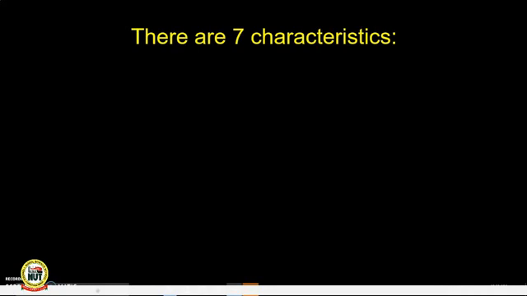If you have 6 out of 7, that thing cannot be regarded as a living thing. If you have 3 out of 7, that thing cannot be referred to as a living thing. You must have 7 out of 7 for that thing to be called a living thing.